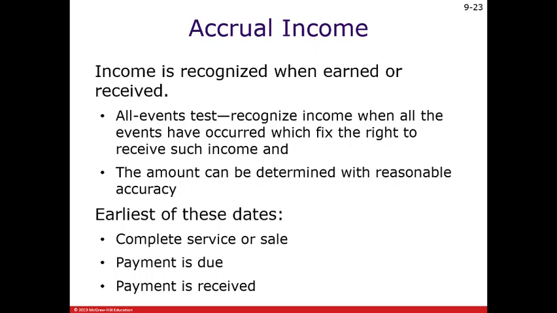All right, so you recognize income under the all events test for income when all events have occurred that determine the right to receive the income, and the amount of the income can be determined with reasonable accuracy.